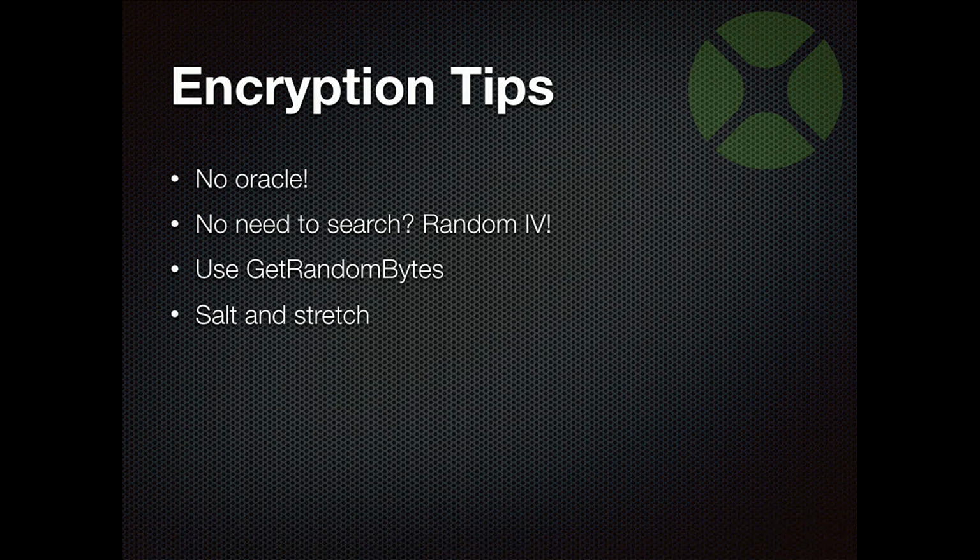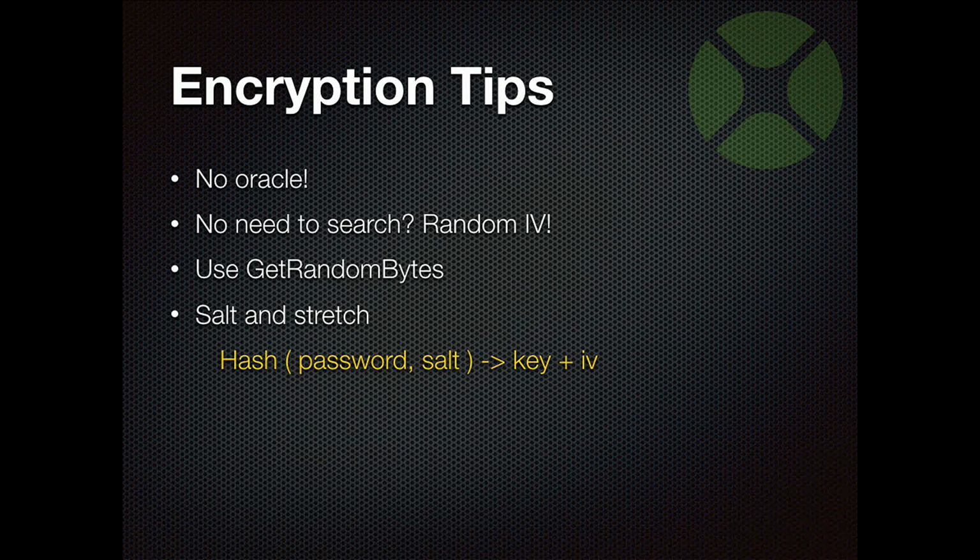Use get random bytes, I've already mentioned. Salt and stretch. For data that doesn't have to be searched and you really want to secure it, take your key, take your password, use a random salt and run it through an algorithm like scrypt or pbkdf2 and stretch it to the number of bytes that you need for both the key and the initial vector.